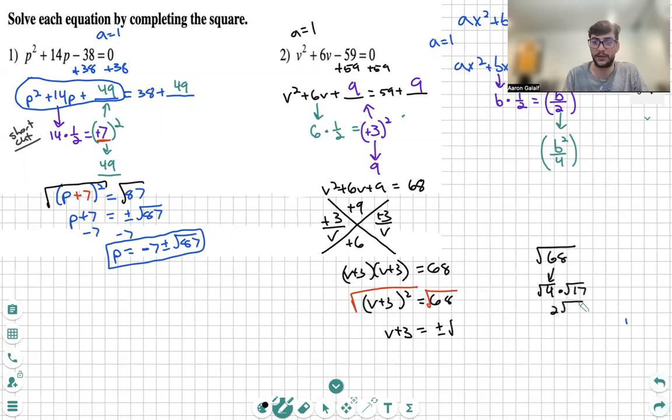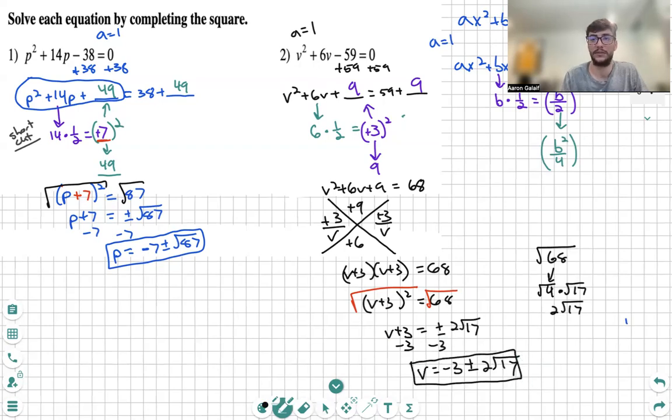And that will simplify to that, which we can rewrite here. In this situation, we will then subtract 3 from both sides. Negative 3 plus minus 2 square root 17. That will be the answer for that equation.